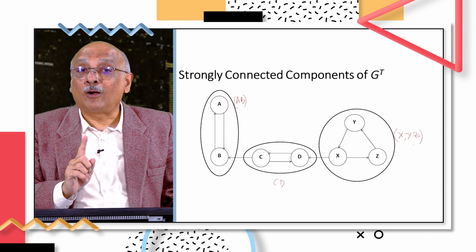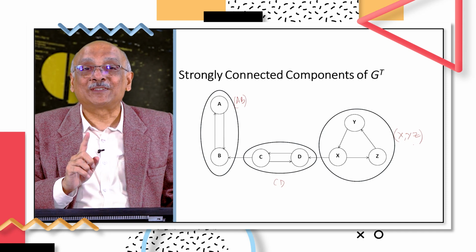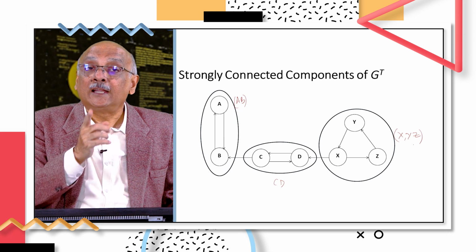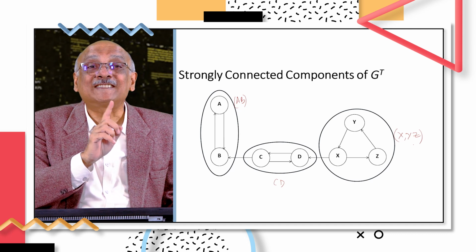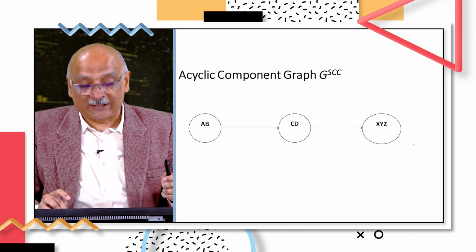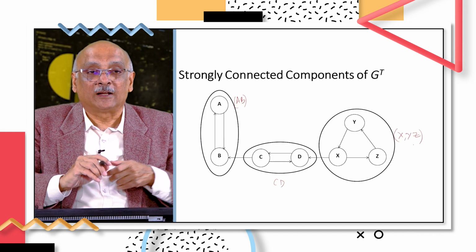And what was the order chosen? The order chosen was the completion time of the DFS in the original graph, that is G. So, what are the acyclic components of this particular graph?